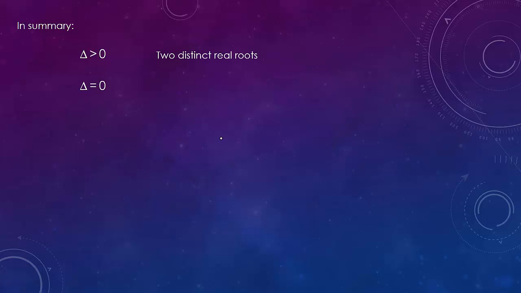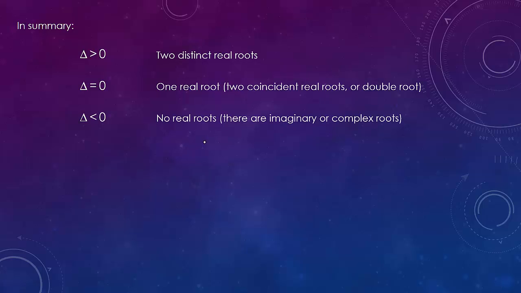If it's equal to 0, then we get one real root, and actually we really think of that as being two coincident real roots, or a double root, basically two solutions that happen to be equal. If it's less than 0, then we get no real roots. There are imaginary or complex roots, but that's for later on in Mathematics Specialist.